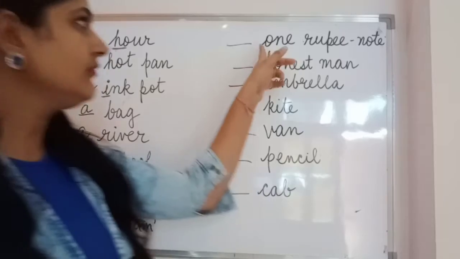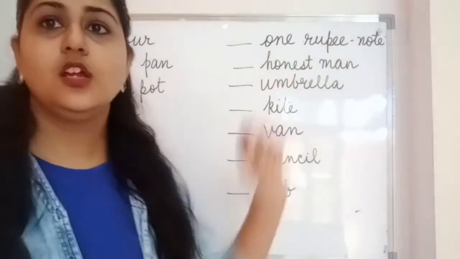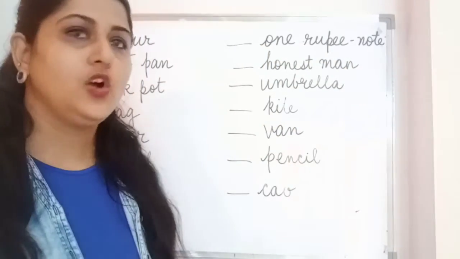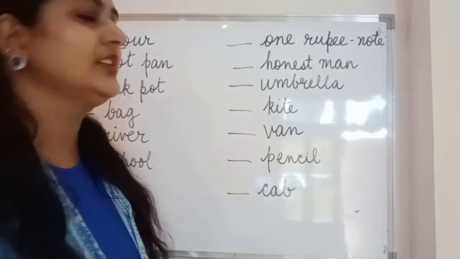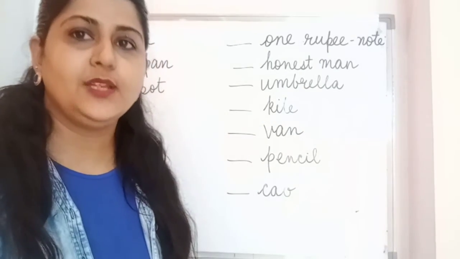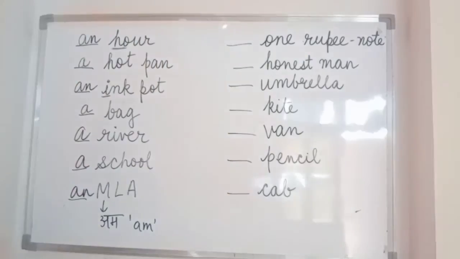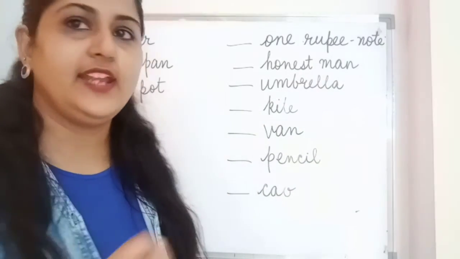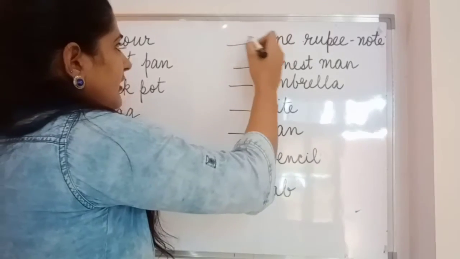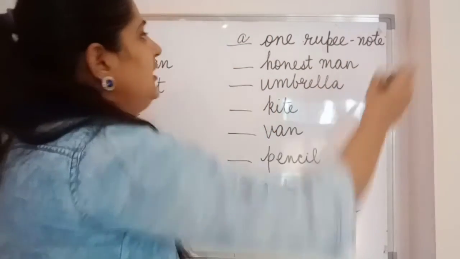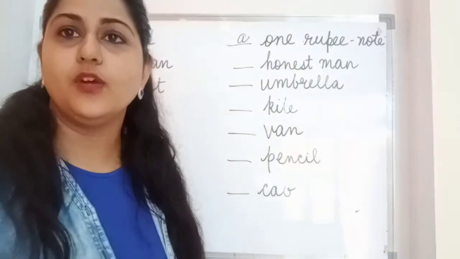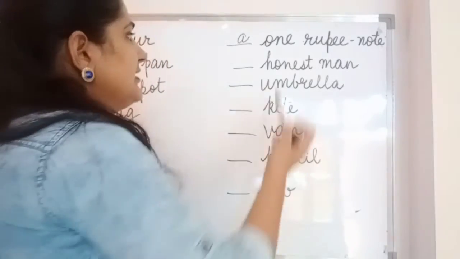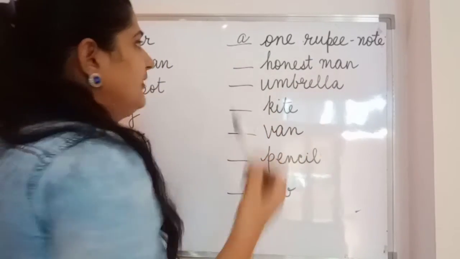Now 1 rupee note. It is starting with a vowel, that is o, but the pronunciation here will be w. So we will write a 1 rupee note.